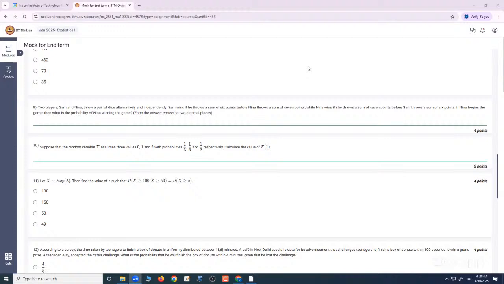Okay, yes, so we'll exclude the second one, because she has to win before Sam wins. Correct. So it would be basically the first throw, third throw, then the fifth throw, then the seventh throw, like that. Got it? Yeah. Okay, so solve it and tell me the answer.